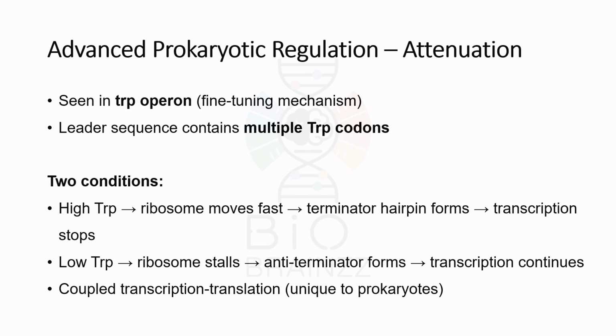When tryptophan levels are high, ribosomes move quickly across the leader sequence, leading to formation of a terminator hairpin, and transcription stops. When tryptophan levels are low, the ribosome stalls, allowing formation of an anti-terminator structure and transcription continues. This mechanism is possible only in prokaryotes because transcription and translation occur simultaneously.